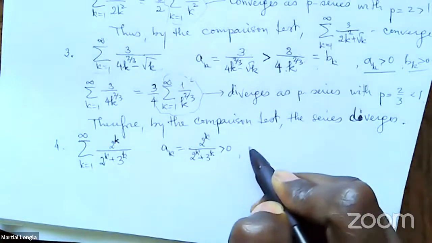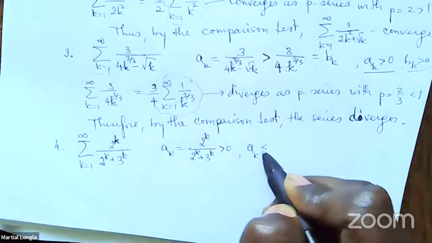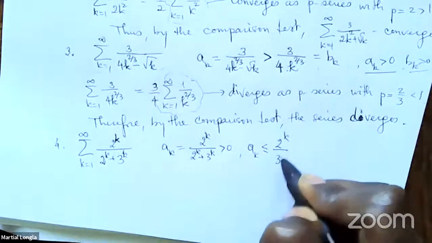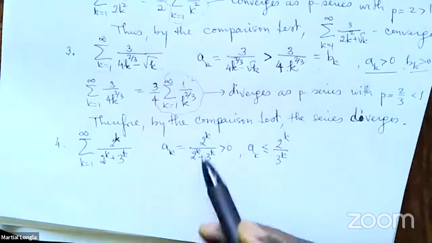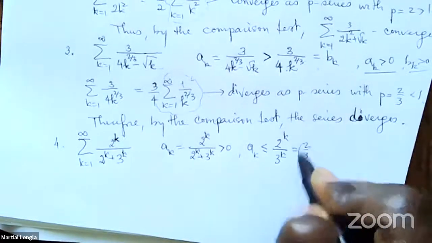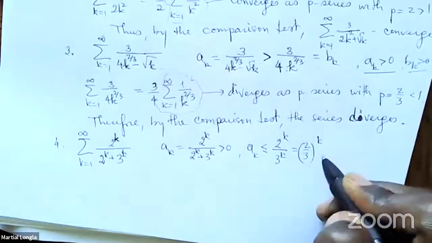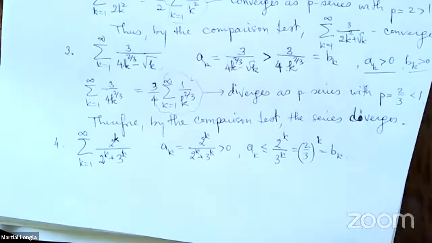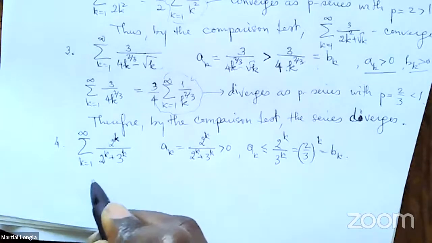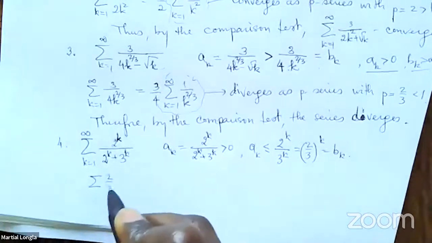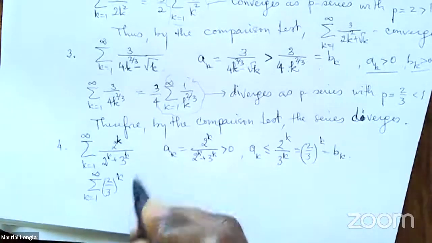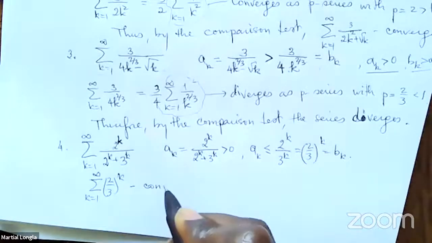So here, you're going to have AK is less than or equal to 2 to the k over 3 to the k. If we drop 2, we get a larger term, which is 2/3 to the power k. And we call this BK. And then we go sum of 2/3 to the power k, k from 1 to infinity, and this converges.